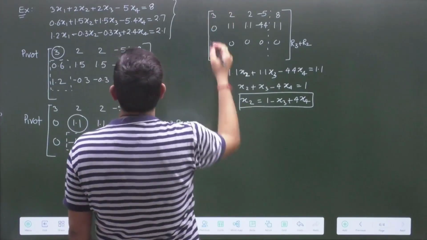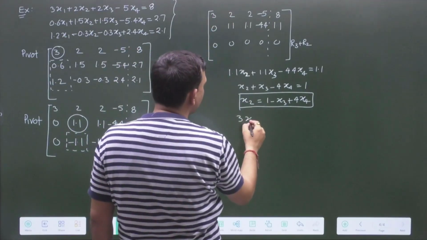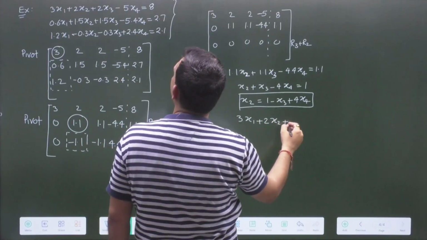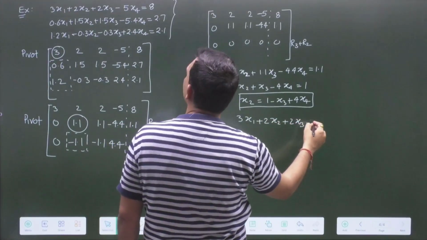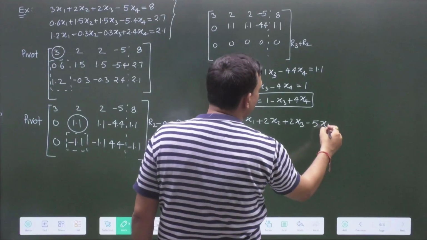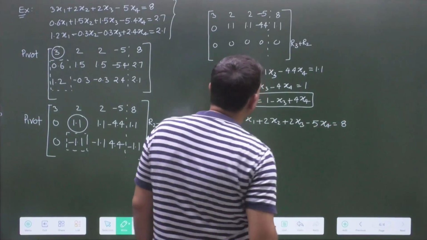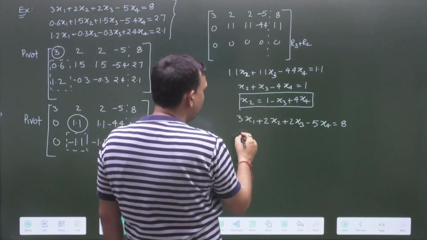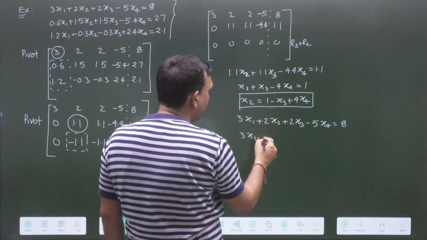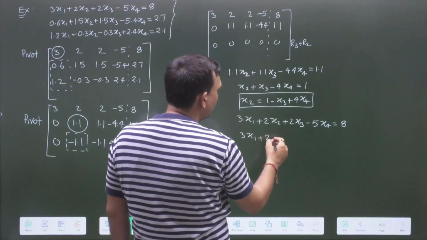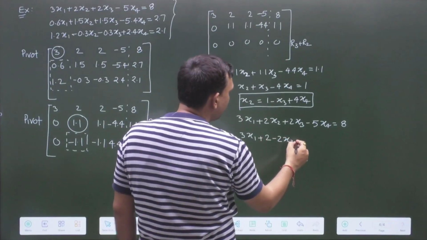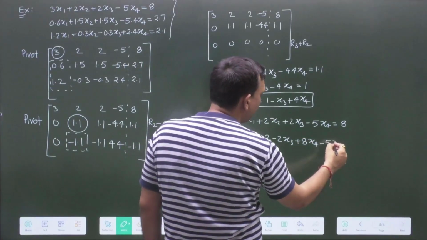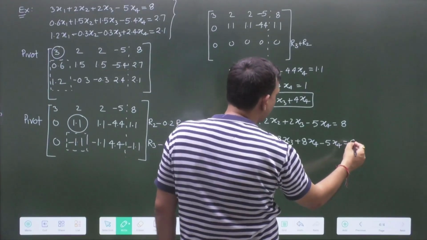And from this equation, you have 3x1 plus 2x2 plus 2x3 minus 5x4 is equal to 8. So let's put the value of x2 here. So what you will get? 3x1 plus 2 minus 2x3 plus 8x4 minus of 5x4, that should be 8.